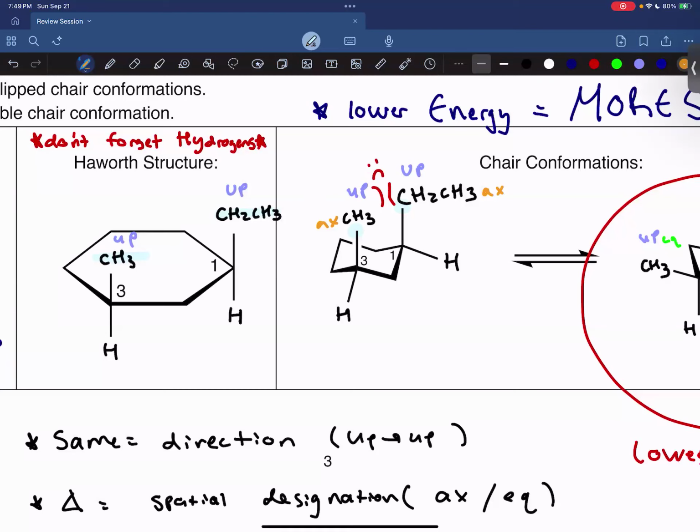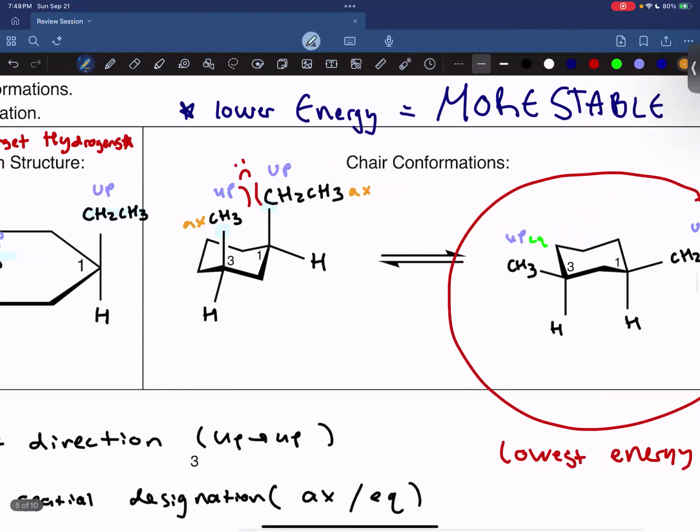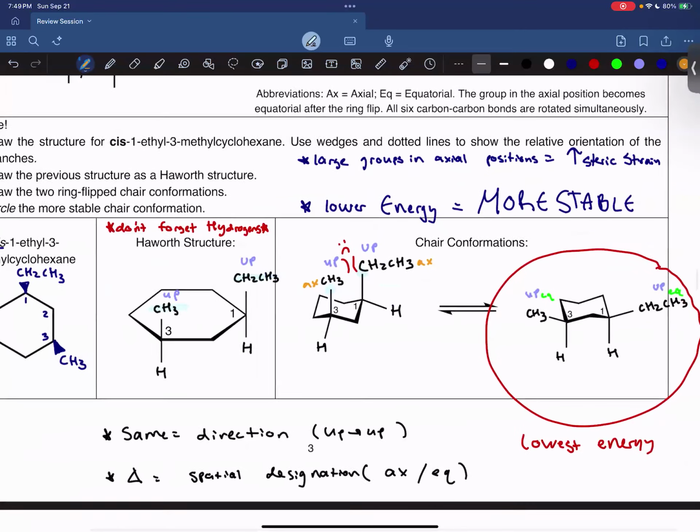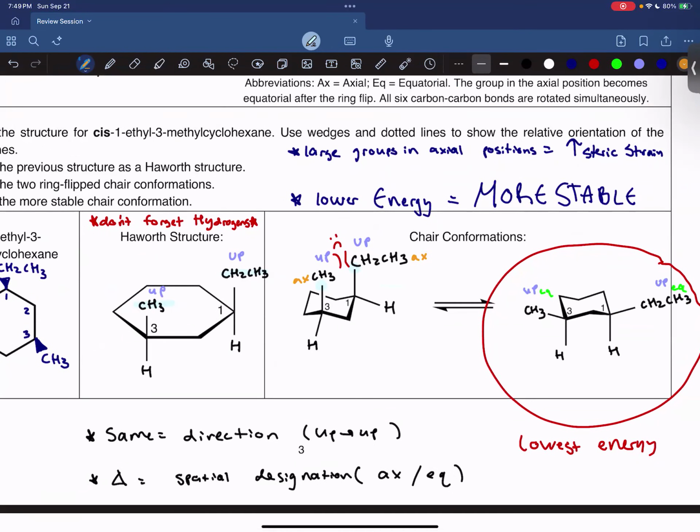If I started with it down, are you talking about the ethyl group? If the ethyl group was here, then we would start with it on the down position. Technically I don't think it should be wrong as long as you show the concept, but I think it just helps keep things straight in your brain if you start up here.